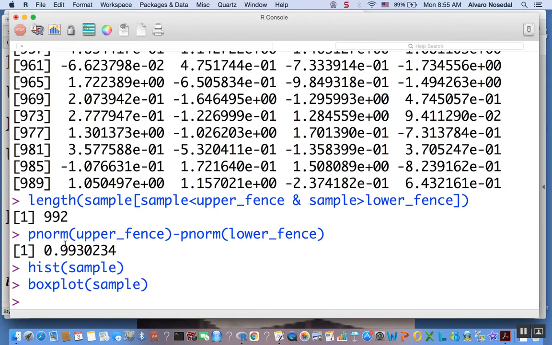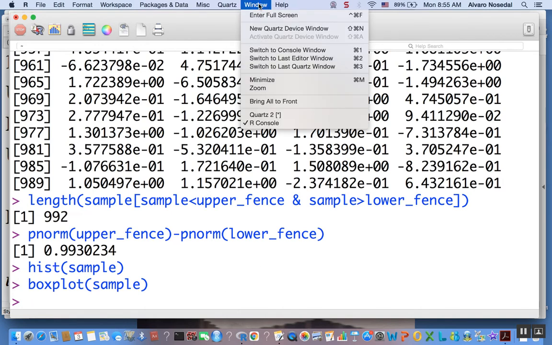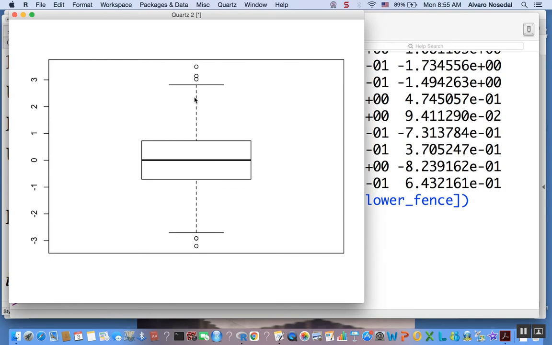Well, in our case, for our sample, 8 of them are outside the fences. This horizontal line represents the upper fence, meaning Q3 plus 1.5 IQR. This horizontal line here is the lower fence, meaning Q1 minus 1.5 IQR.